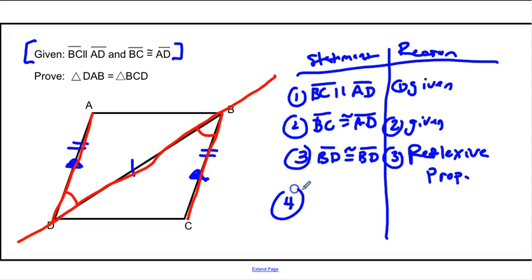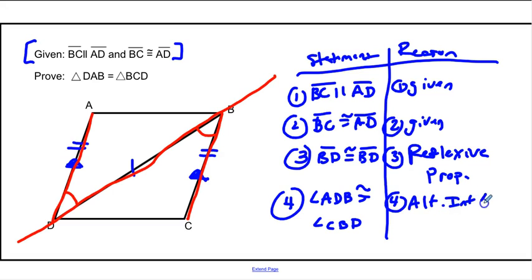4, let's keep going. We said that angle ADB is congruent to angle CBD. How do I know that? Alternate interior angles are congruent.